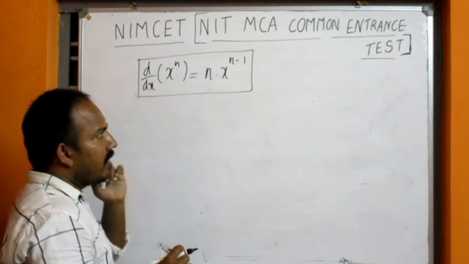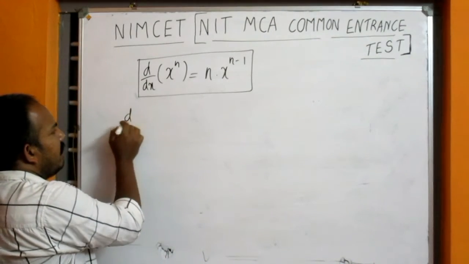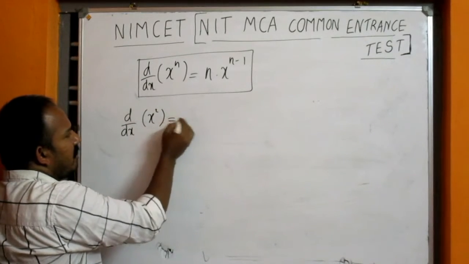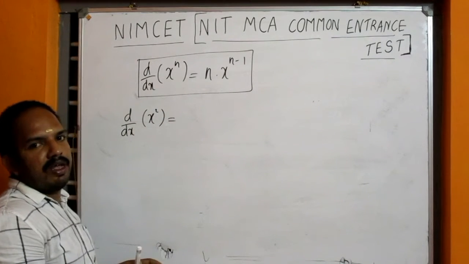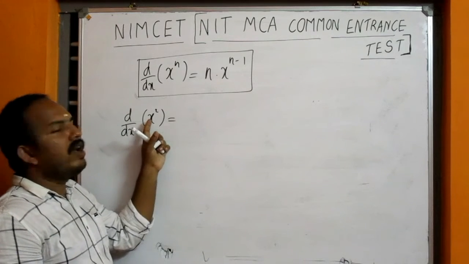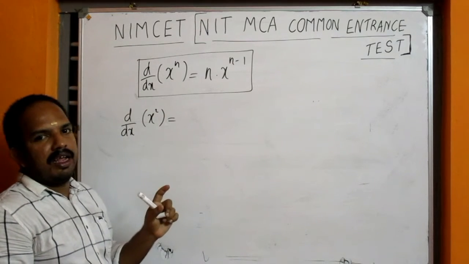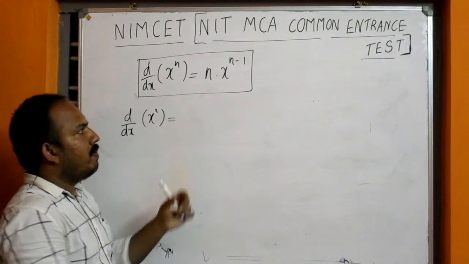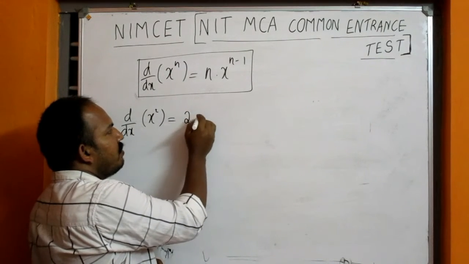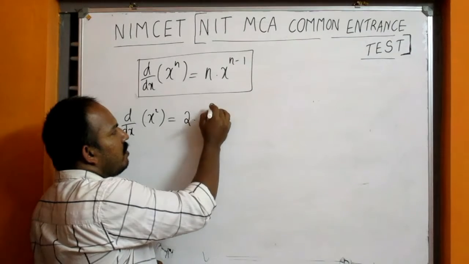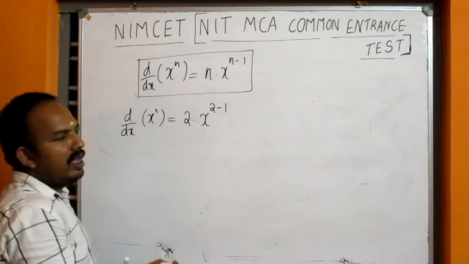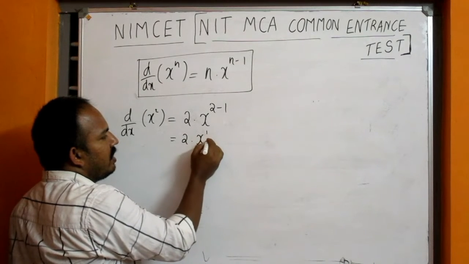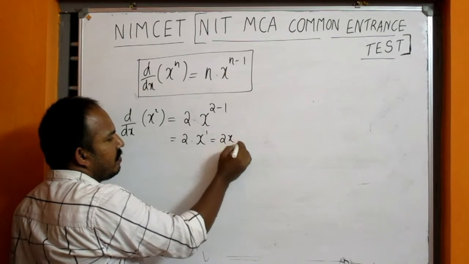For example, the derivative of x square. The question is in the form of x raised to n, with n equal to 2. So the formula gives 2 into x raised to 2 minus 1, equal to 2 into x raised to 1, that is 2x.